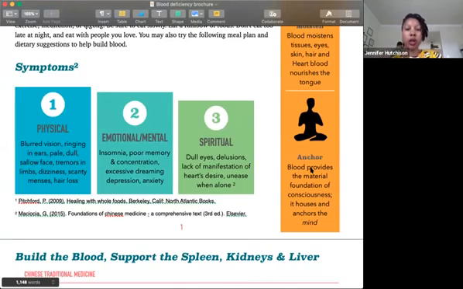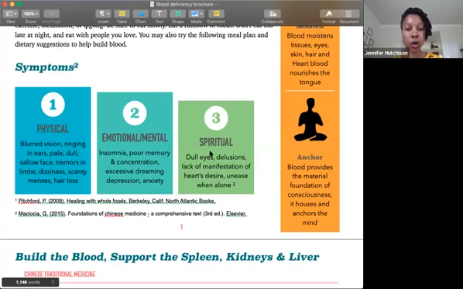So if you have blood deficiency, little blood, then your mind is not able to be anchored. That means you may feel uneasiness, jitteriness. That's where the anxiety comes in. That's where the depression comes in. You may feel dizzy because the top of your head feels like it's floating. That feeling is one of the symptoms of blood deficiency as well.